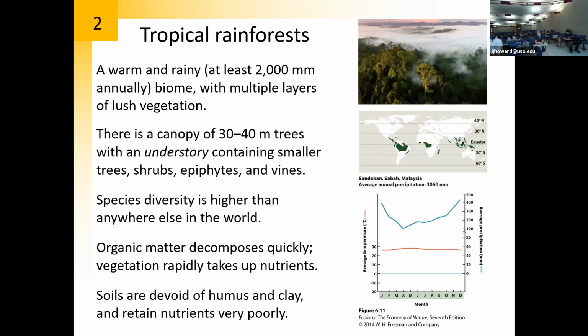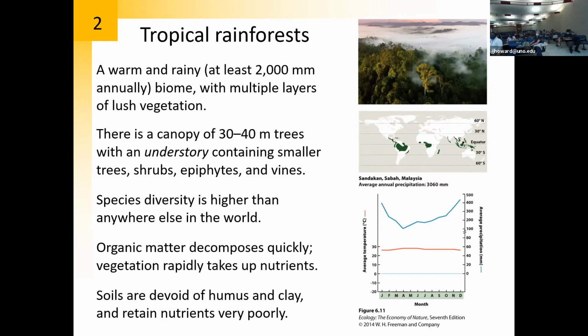There can be very little soil fertility in tropical areas simply because of the high rainfall. Anything that dies and falls to the forest floor is rapidly decomposed, and because of the high rainfall, the inorganic ions that are produced run off into the rivers. So soils are not particularly suitable for agriculture.